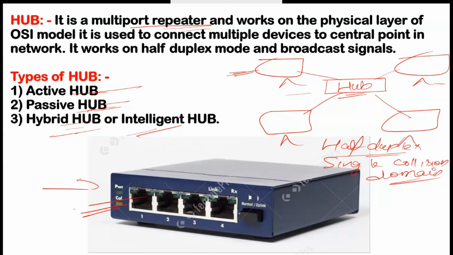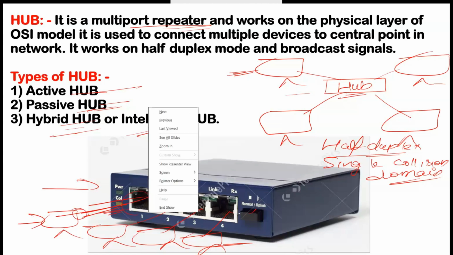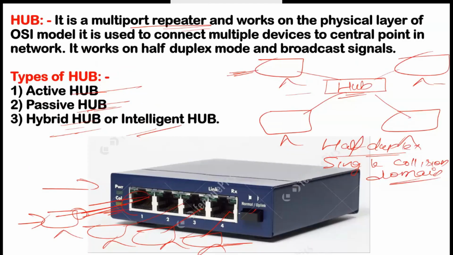You will see here, in this hub we have four ports, and suppose I connect one PC here, one PC here, one PC on the third port, and one PC on the fourth port also. When you send the data from the first PC to the fourth PC, what will happen? Your data will transmit by this port through the cable, and after that this first port will receive the data.